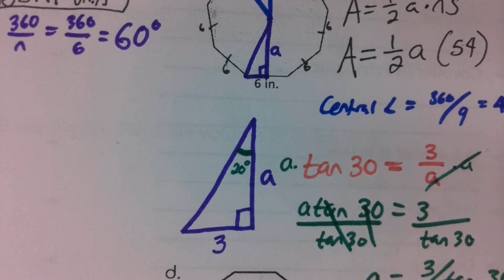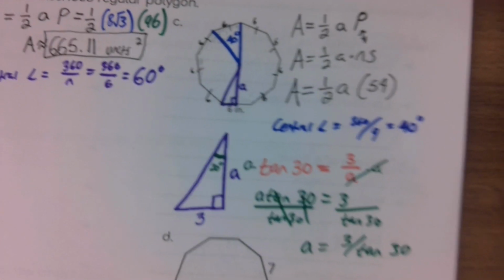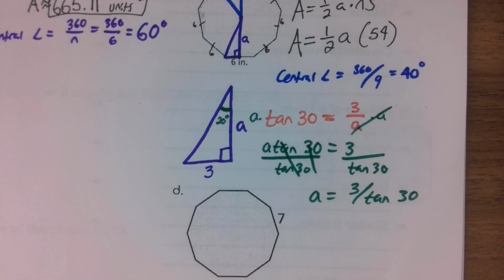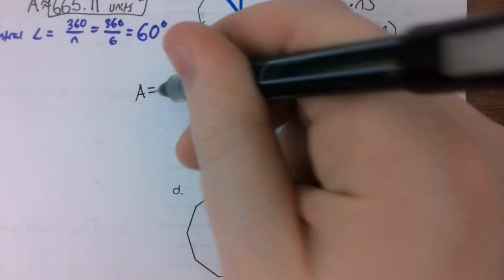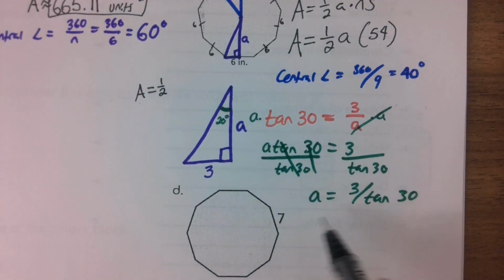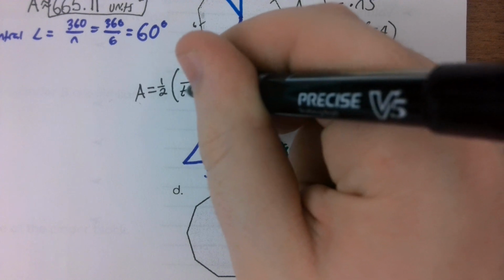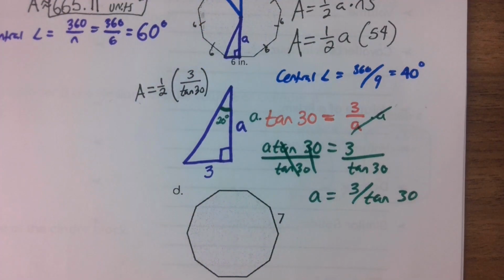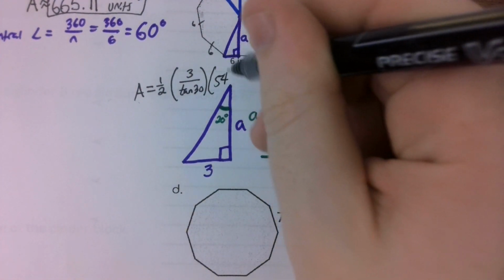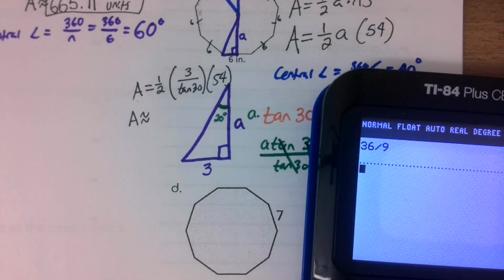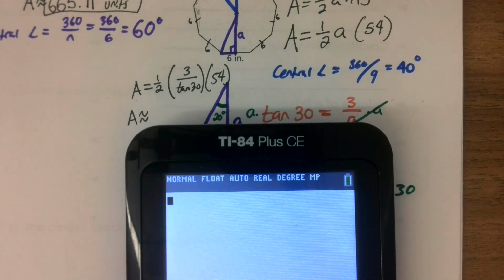So our whole formula, if I zoom back out a little bit, our whole formula was 1/2 A times our perimeter. Our perimeter was 54. So our area equals 1/2. Our A is 3 over tan of 30. And our perimeter was 54. So we just have to multiply all of these out. Once again, we'll use our trusty calculator here.